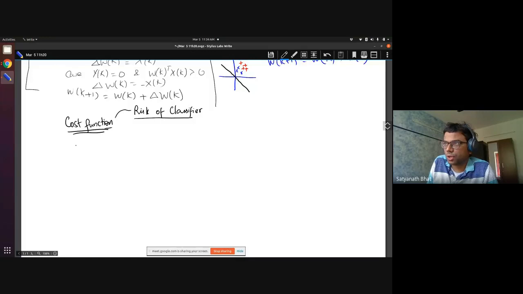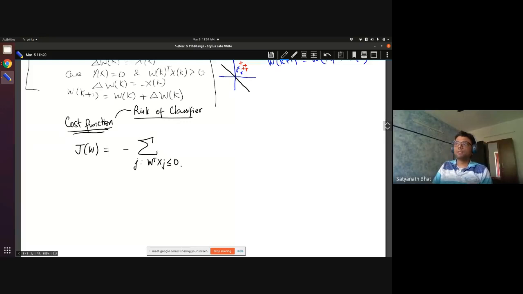The cost function for a perceptron is basically a count of how many samples you have misclassified. You look at all the samples which you have not placed properly. In the modified sense, that means you look at all of those where xj w transpose is less than or equal to 0. We needed all of the samples to be on one side, or in other words, we needed all the xj w transposes to be positive.